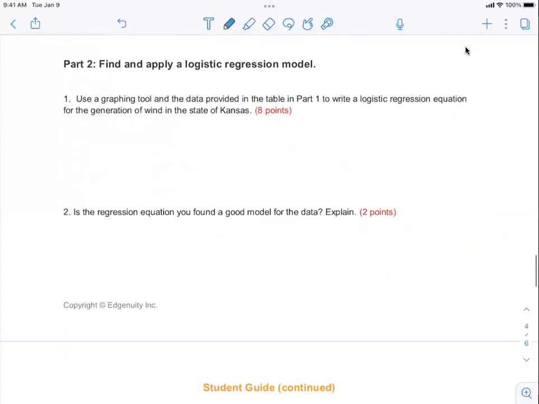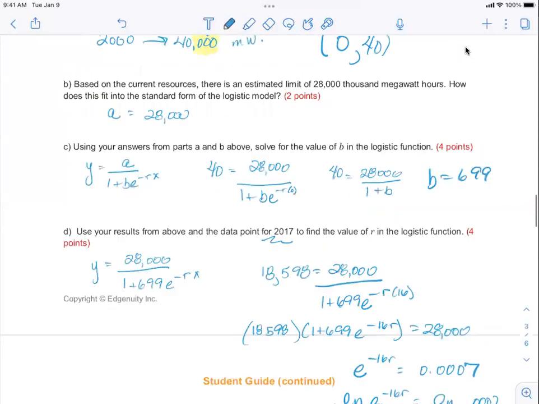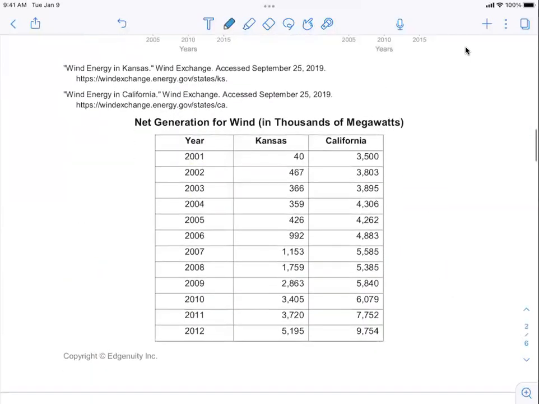Part 2, find and apply a logistic regression model. What we need to do is use a graphing tool and the data provided in the table in part 1 to write a logistic regression equation for the generation of wind in the state of Kansas. What that means is you would have to plot the points, the x's and the y's.